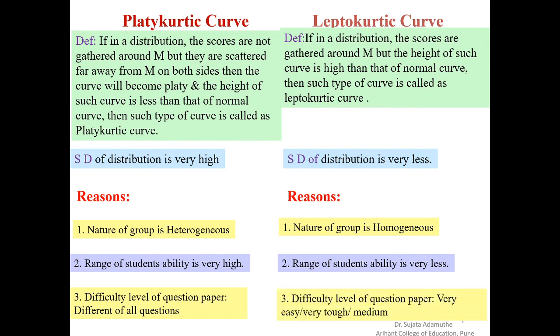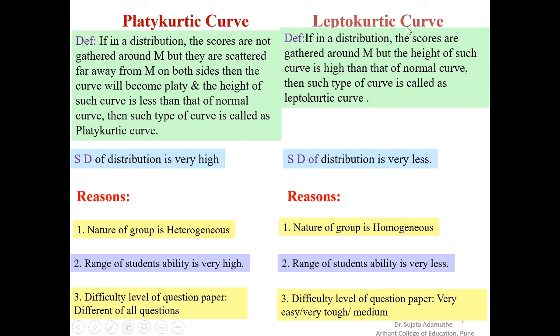Then if a very easy question paper is there, students will get more score, and the leptokurtic curve will shift to the right side. If very tough question papers are there, then the curve will shift to the left side, because the students will get fewer marks. And if all the questions are of the same medium type, the difficulty level of the question paper is medium, then it will come at the center.